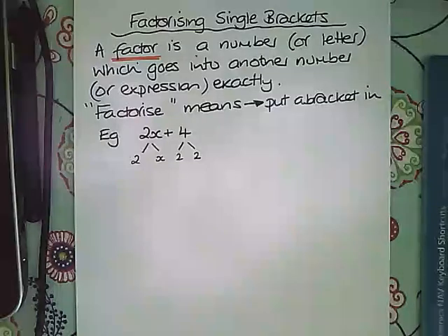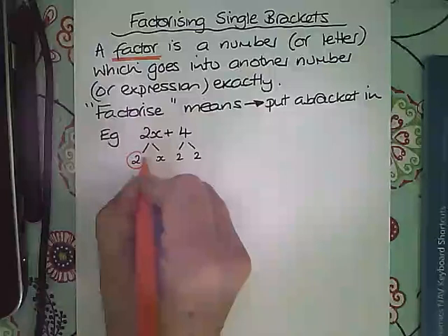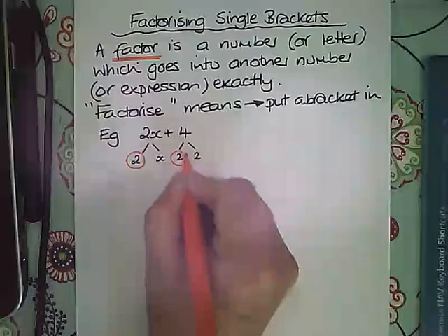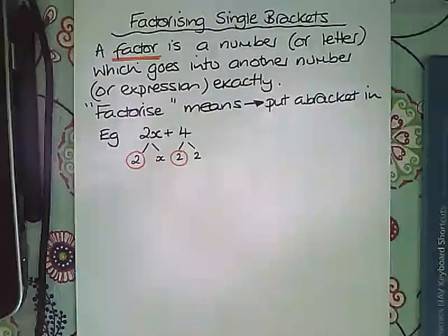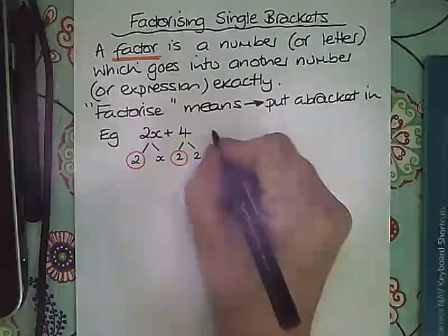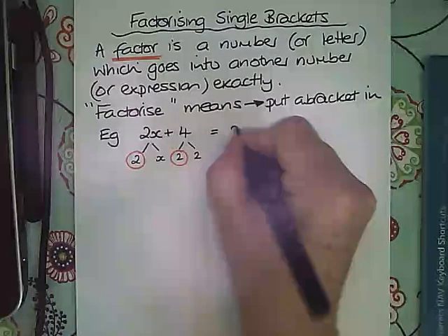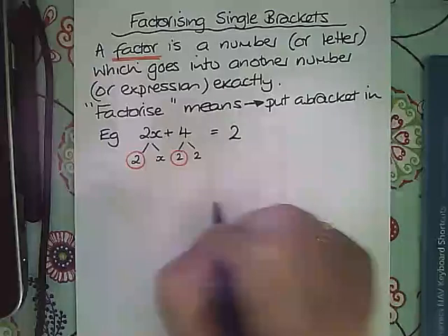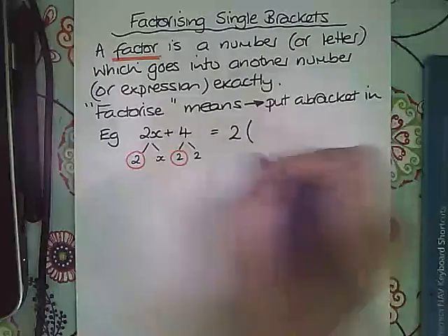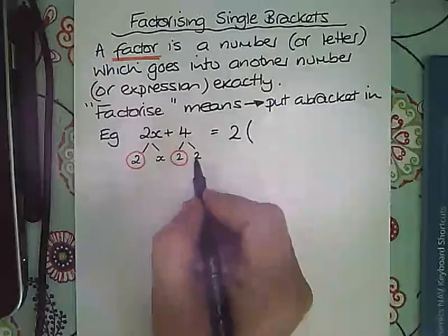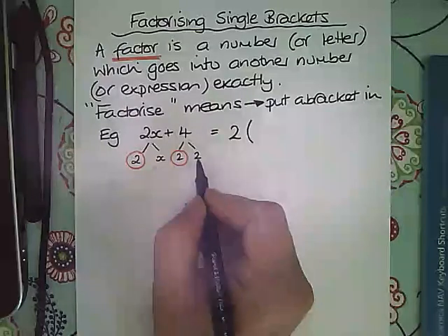You can see from having done those two factor trees that the number 2 is in both of our factor trees, and that means that is the number that is going to go on the outside of our bracket. And then on the inside of our bracket, we're going to put the remaining x and the remaining 2.